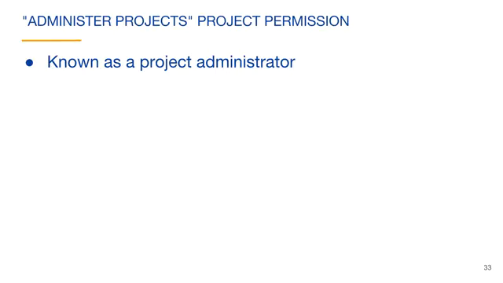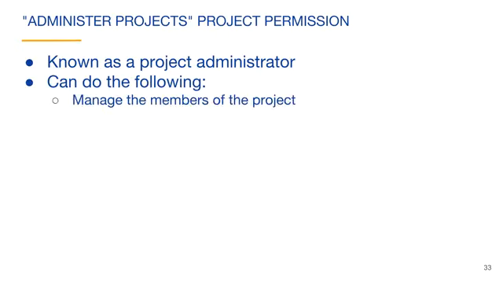A user who is granted the Administer Projects project permission is known as a project administrator. In the Jira user interface, a project administrator can do more than a typical team member. These capabilities are built into the Jira application and are available to project administrators because they have been granted the Administer Projects permission for the project.